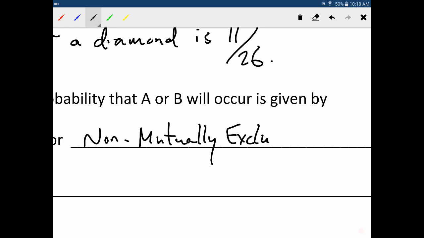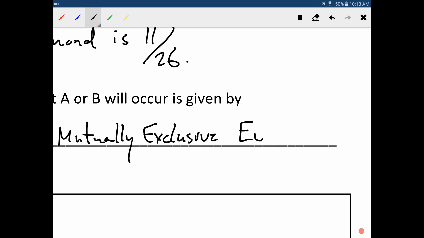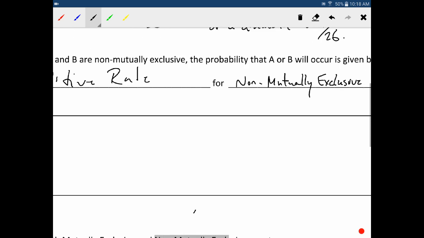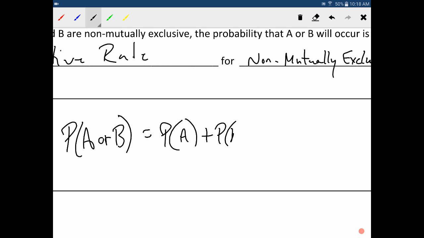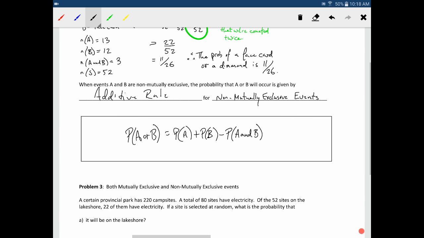What it is: the probability of event A or B, if they are not mutually exclusive, is going to be the probability of event A plus the probability of event B minus the probability of event A and B.